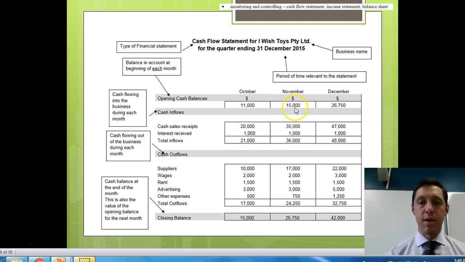We start with 15,000. They receive $36,000 over the course of that month, which means effectively at this point their cash balance is 51,000, the 15 plus the 36.